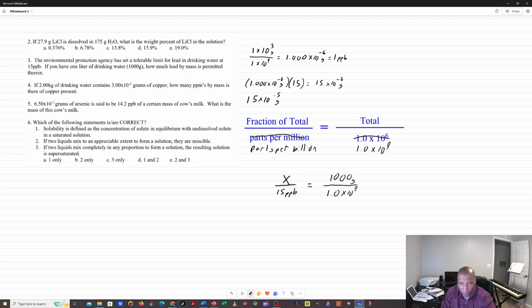All right, so of course, I'm going to go ahead and cross multiply. I'm going to say 1,000 times 15 is equal to 1.0 times 10 to the 9 times X. Then of course you divide both sides by 1 times 10 to the 9.